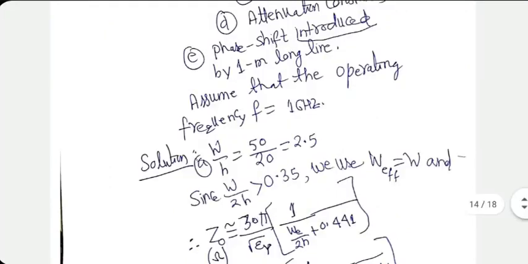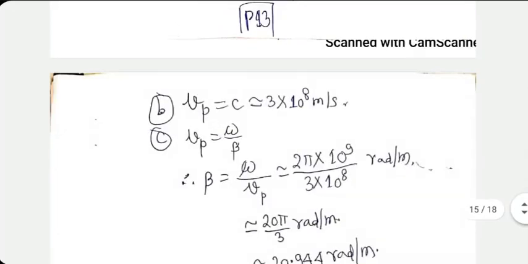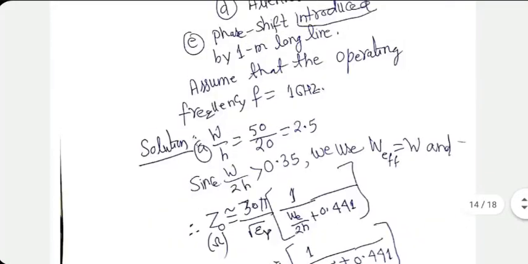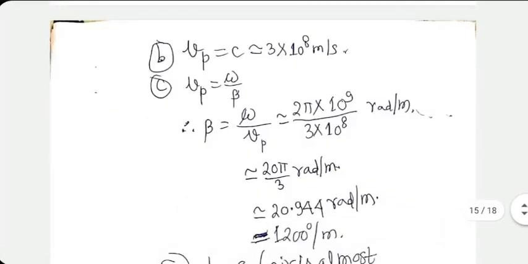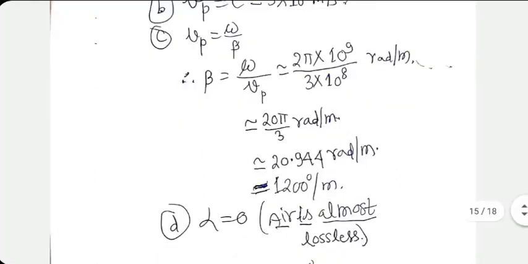Phase constant, we know that Vp is omega by beta. So beta will be omega divided by Vp. And frequency is given as 1 gigahertz, so omega can be calculated from there. Beta turns out to be almost 20.944 radian per meter. In degrees, it turns out to be 1200 degrees per meter.